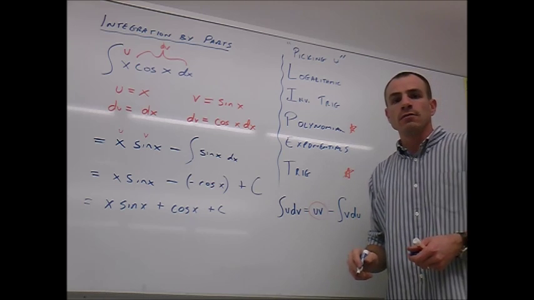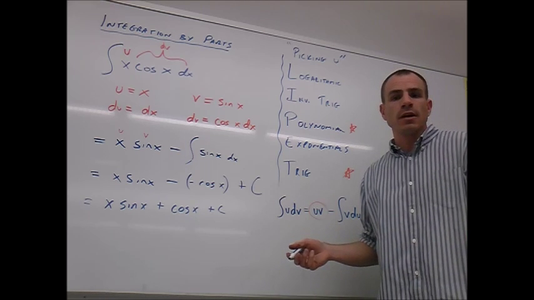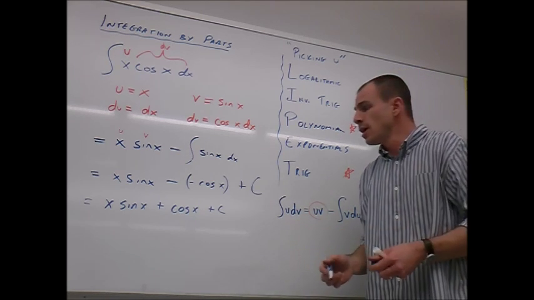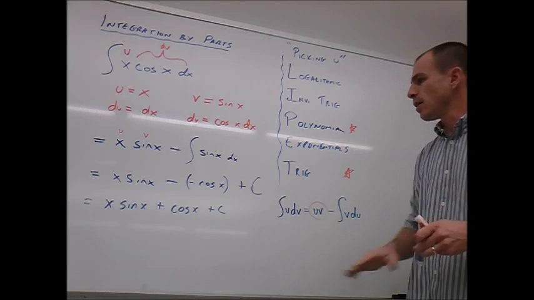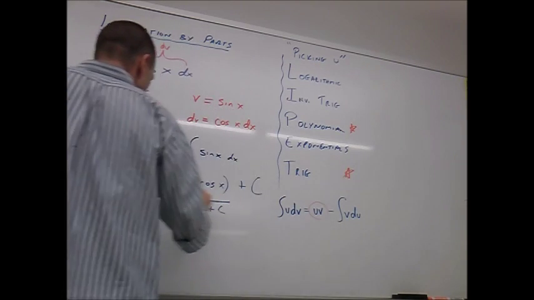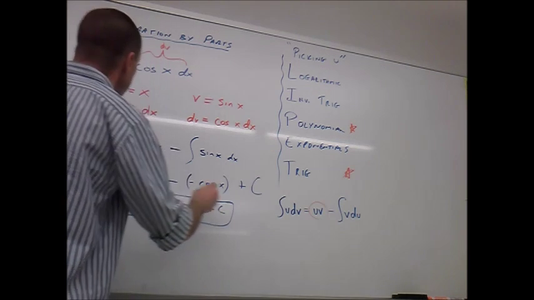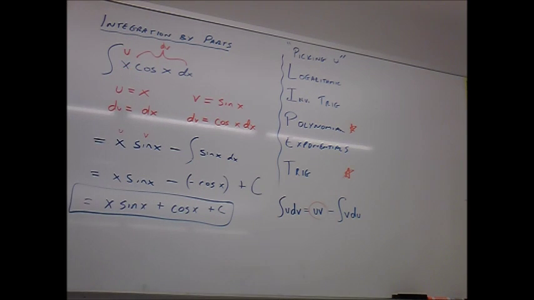Okay, and hey, you can always check your answers of anti-deriving by just deriving your answer. So if we do a very quick check here, let me circle this off. This is our answer. This is the antiderivative of x cosine x. Let's just call this f. This is f of x. So if I want f prime of x, if I were to derive this, here we go.